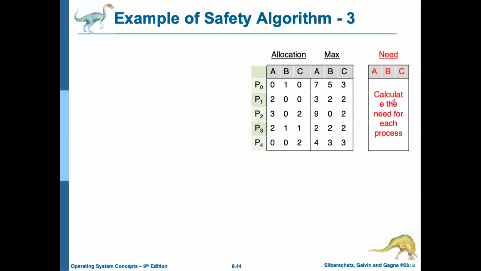And next, first this is the initial state, and then we need to calculate the need for each process.